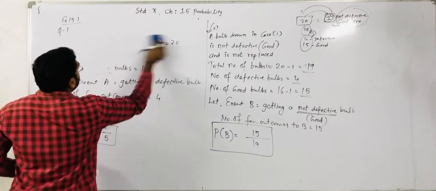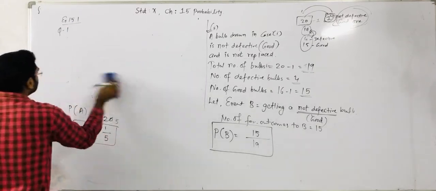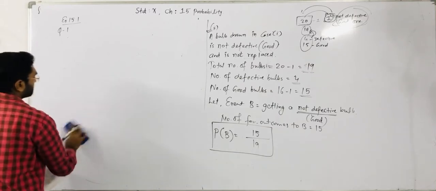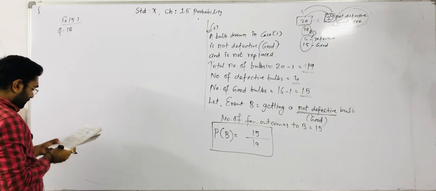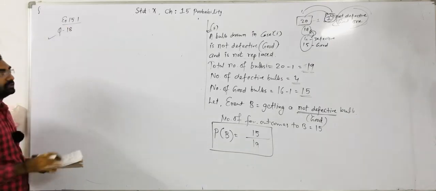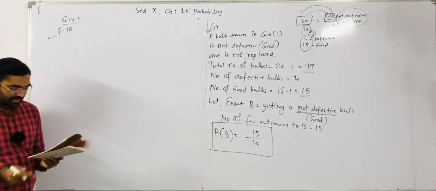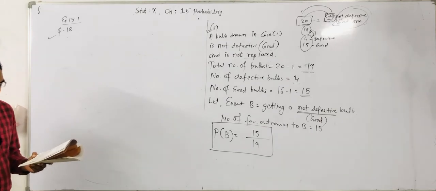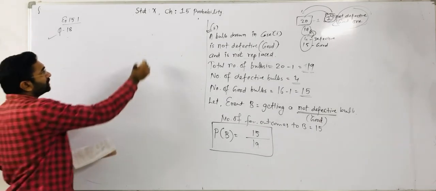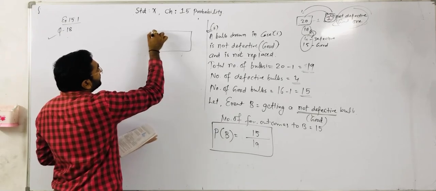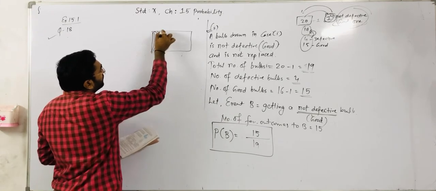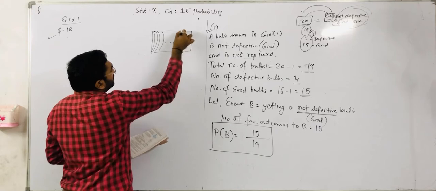Now we have to solve question number 18. This one was also asked in a periodic exam. A box contains 90 discs. One box is there, and the discs are arranged in it.